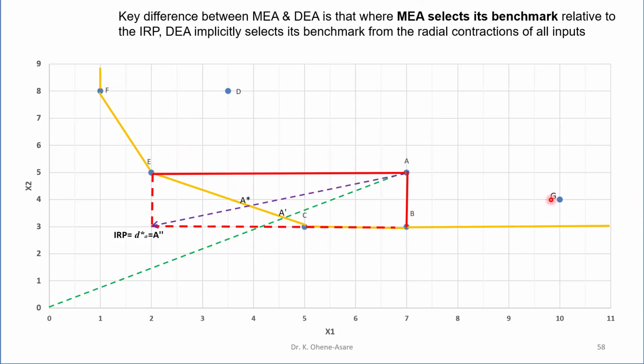Now, if you look at this, I'm trying to estimate the efficiency of which DMU? So A, because I'm seeing A star and A prime. These are DMUs, so we are looking at X1 for DMU A.